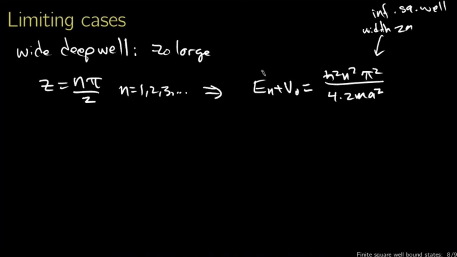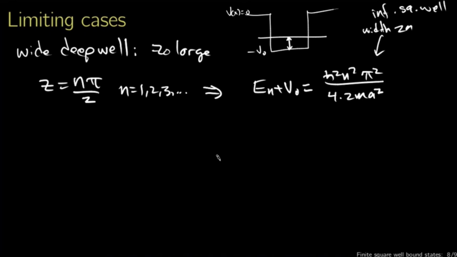Keep in mind, we're defining the potential well relative to 0 now. So if this is V of x equal to 0, and this is minus V naught, what we're looking at here is the distance between the bottom of the potential well and the energy level. So this is essentially the energy level relative to the bottom of the well. Looks exactly like what we got for our infinite square well.